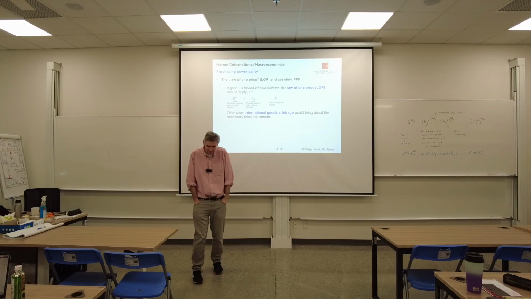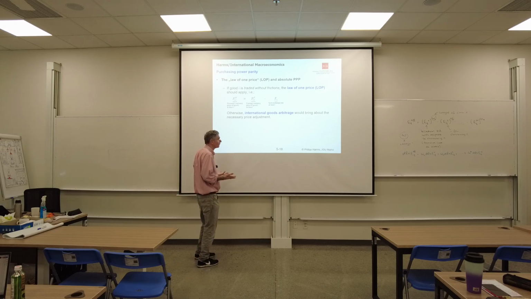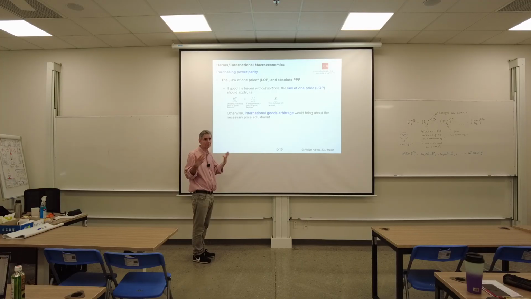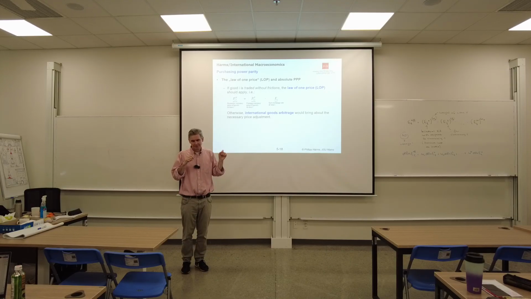And the law of one price has a very solid foundation, namely that it's based on the idea of goods arbitrage. Because suppose that P_I^H is cheaper than in the foreign country. What would people do? If they can costlessly transport limitless amounts across borders.